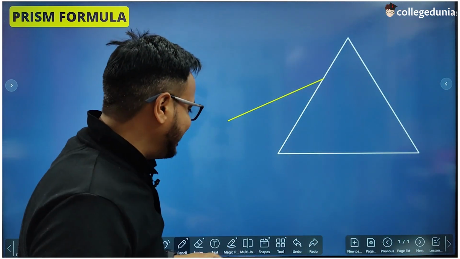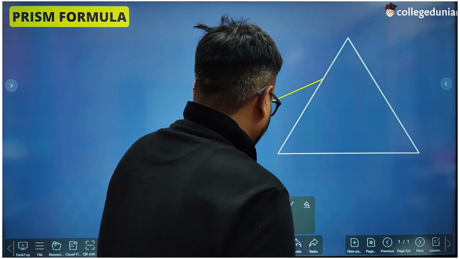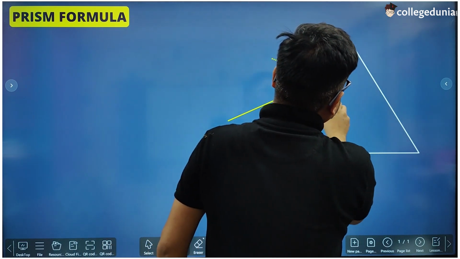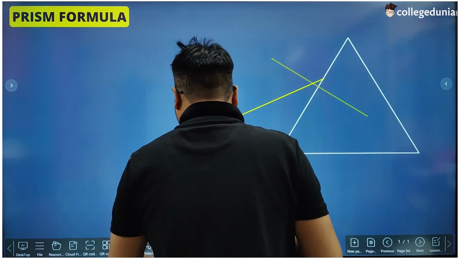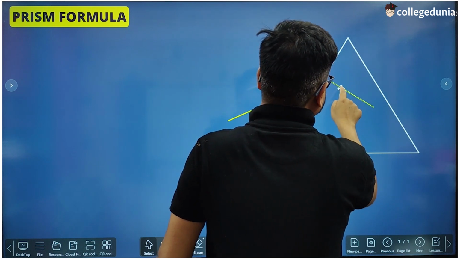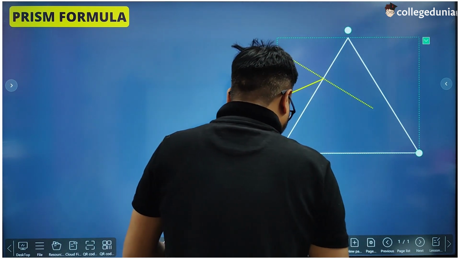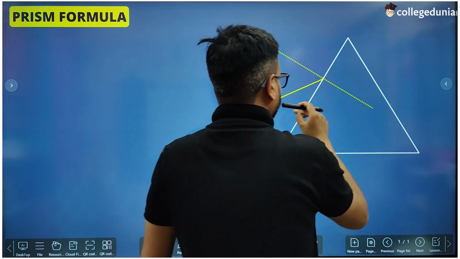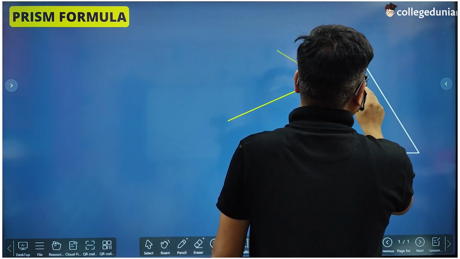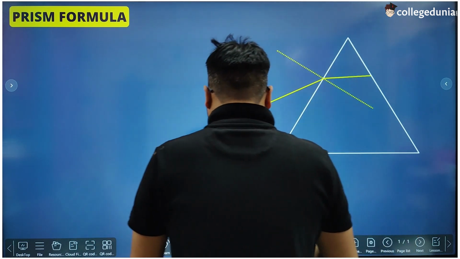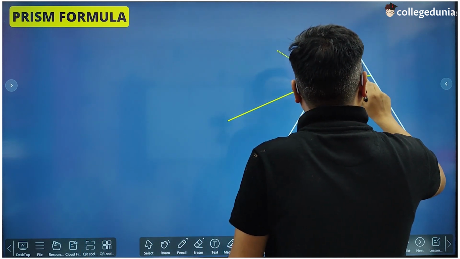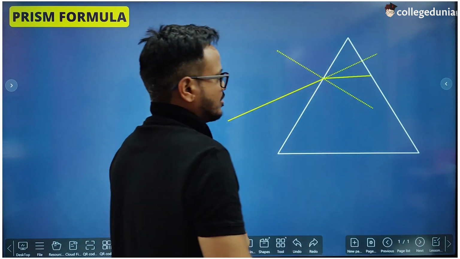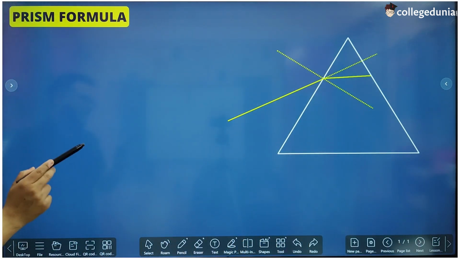So here the bending, now let us say this is the normal. So then bending will take place towards the normal like this, because this would have been the actual path of the ray if there was no prism, right?